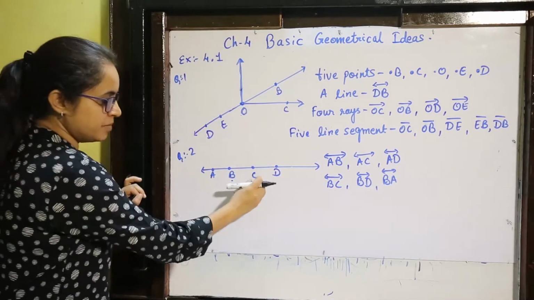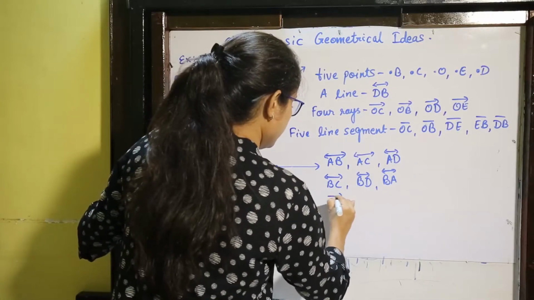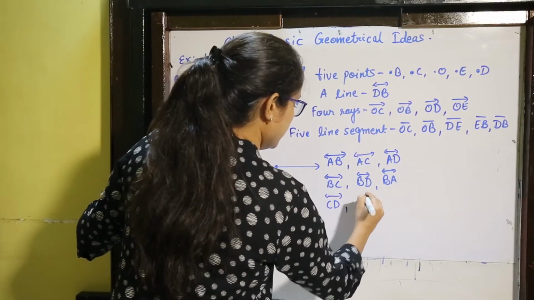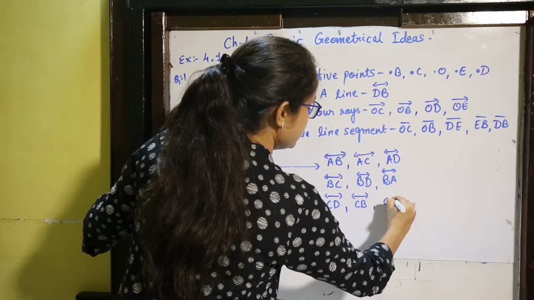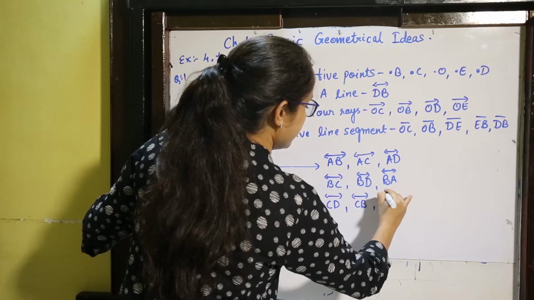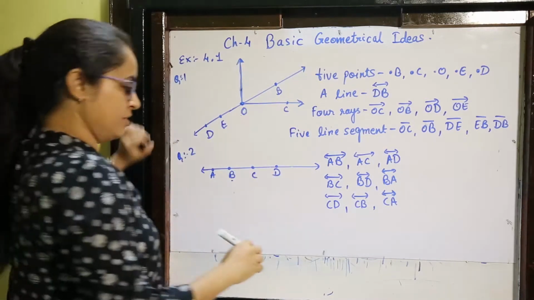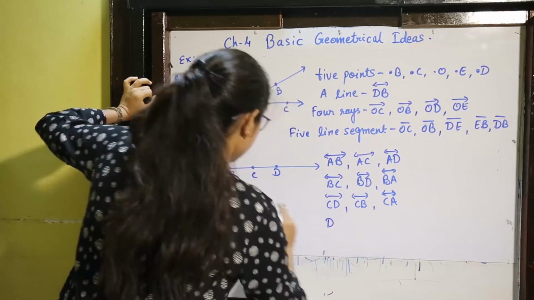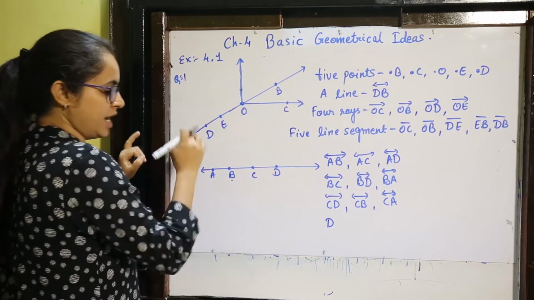Now keep C common. So if I am taking C common, line CD, line CB and line CA. And then if I am putting D as the common one, right? So with D, all the remaining lines: DC, DB, DA.